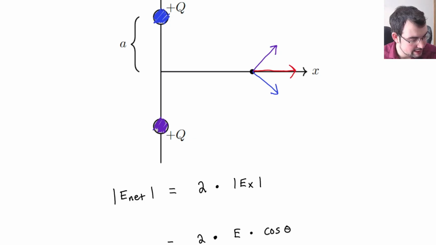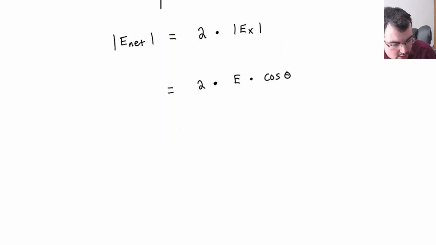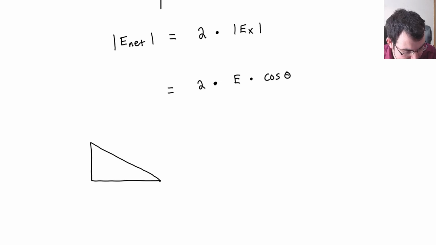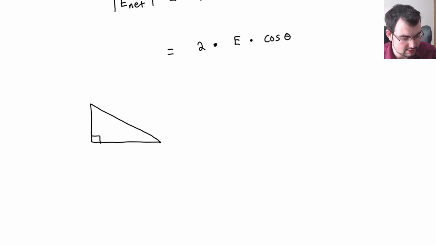I'll just redraw it. We are looking for the electric field strength, and that's an awful triangle. Wow. Maybe we should do the hypotenuse last. Yeah, that makes sense. So we are looking at our two charges. This is our x-axis right here.